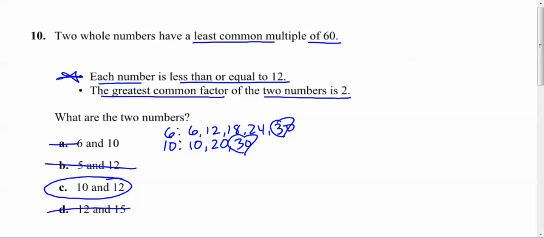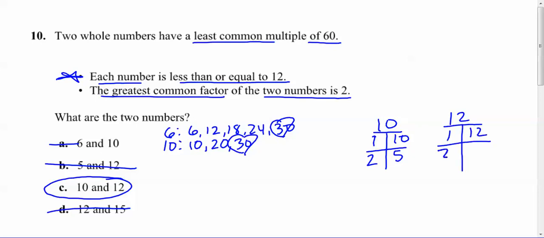They will land on the same number at 60, and their GCF is 2, okay? Because if you list the factors of 10, you have 1 times 10, 2 times 5, pretty easy. In 12, you're going to have 1 times 12, 2 times 6, 3 times 4. Their GCF is 2.